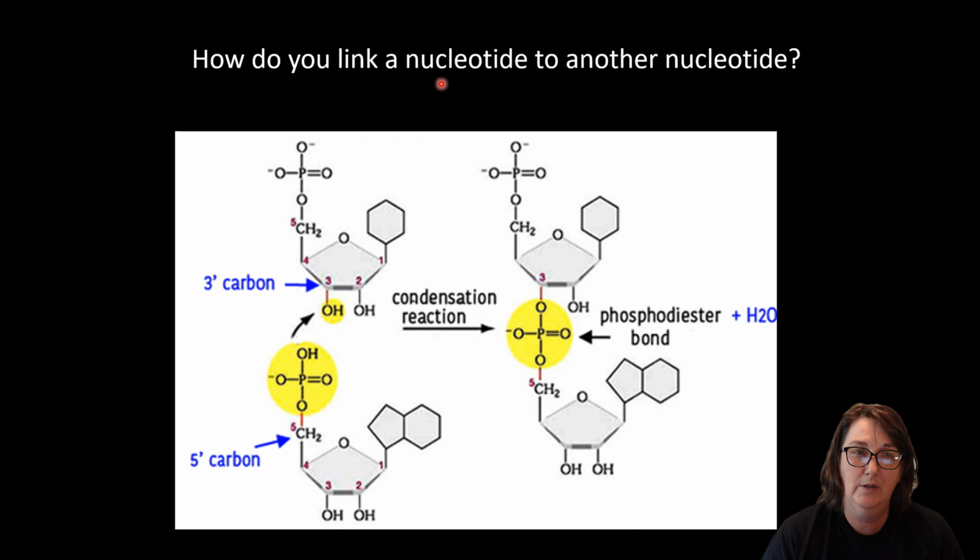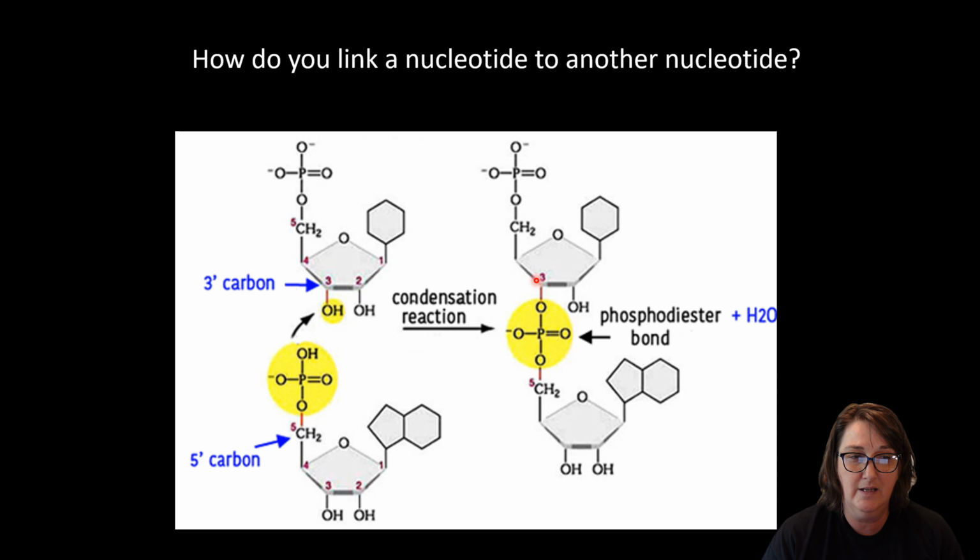How do you link a nucleotide to another nucleotide? Condensation reaction. Do you remember what the other name for that is? That's dehydration synthesis. So remember, water is pulled out. I have a hydroxyl group, and I have another hydroxyl group here. This hydroxyl is going to get pulled off, one of these hydrogens will get pulled off, and water is going to leave.